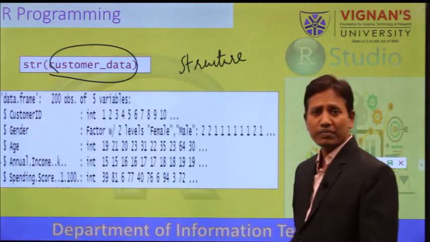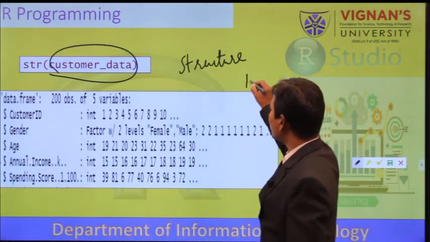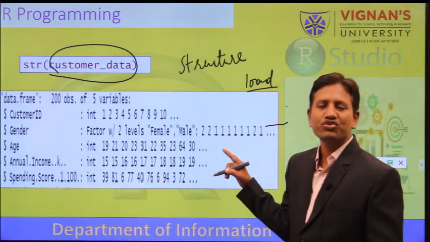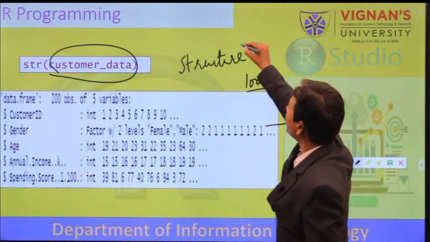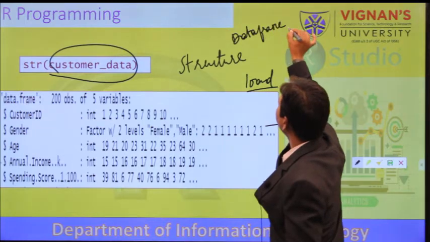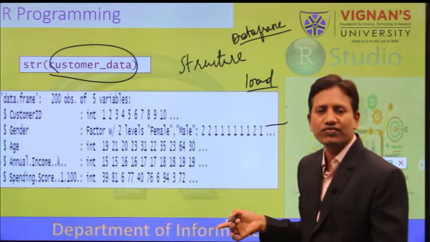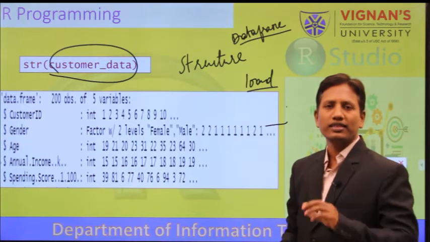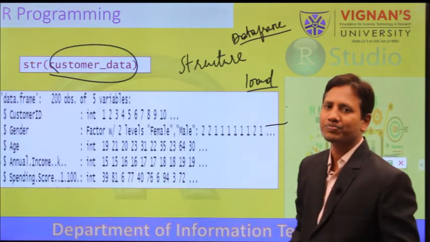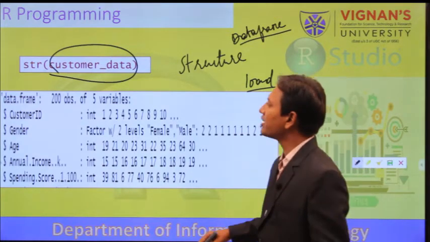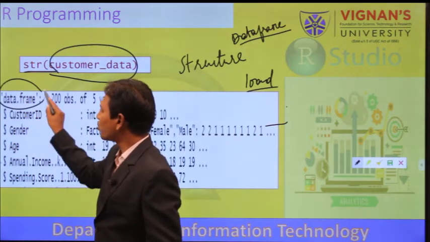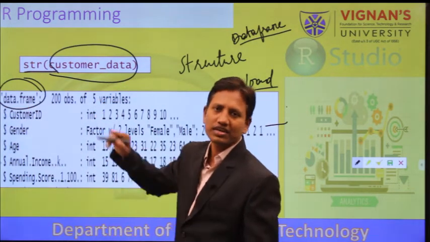You might remember that when we load the data, it is converted to a data frame. When we load the CSV file into our environment, it is represented in the form of a data frame. So if you see this structure, the first point it shows is its type. Its type is data frame.